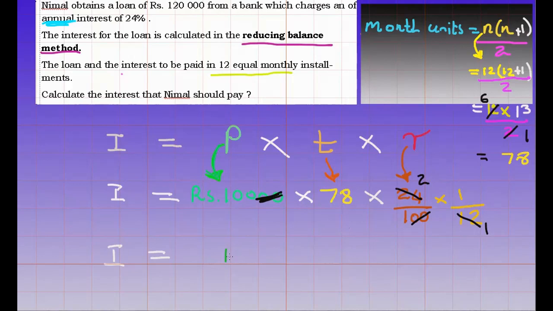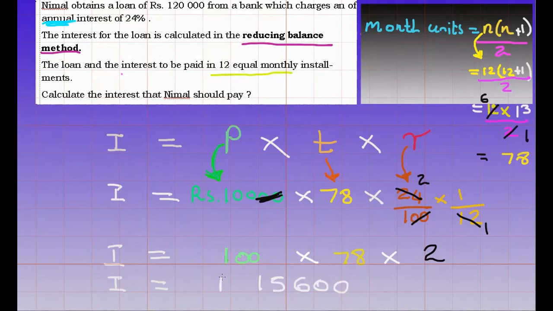So what's remaining now? That's 100, times 78, times the 2 there. So then interest equals, all right, just a matter of doing this multiplication. 78 times 2 is 156, times 100 is 15,600 rupees.